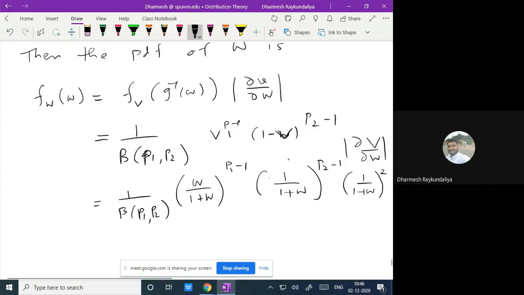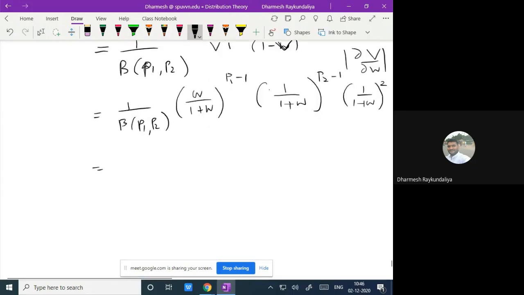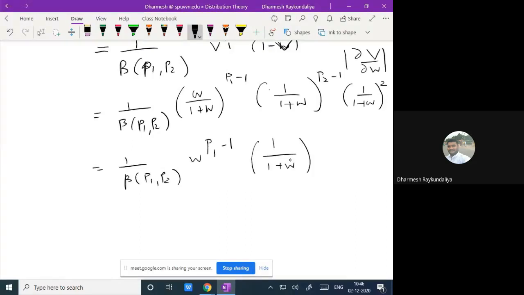Okay, so you can write all the terms of w together: w raised to p1 minus 1, and 1 upon 1 plus w raised to p1 minus 1 plus p2 minus 1 plus 2.